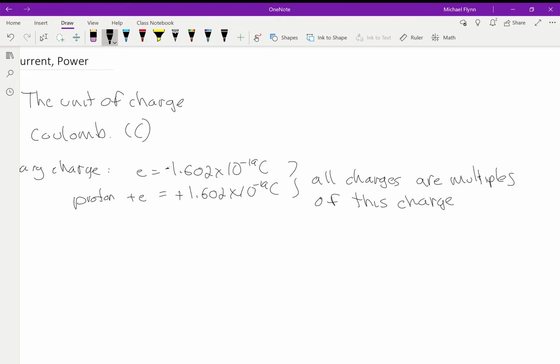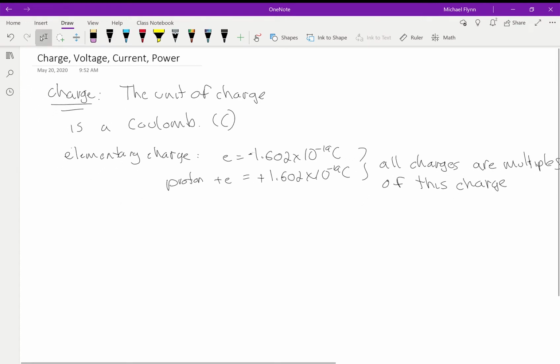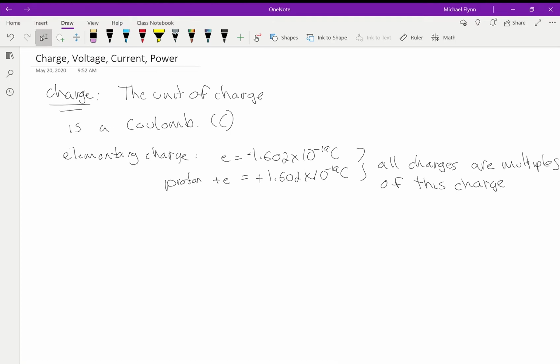If I give it 1 electron, now it's got a small negative charge, 1.602 times 10 to the negative 19. If I gave it 2 electrons, then it would have twice that charge. All charges are multiples of this number, and that's what Millikan showed 100 years ago, by measuring really, really small charges on little tiny oil drops.